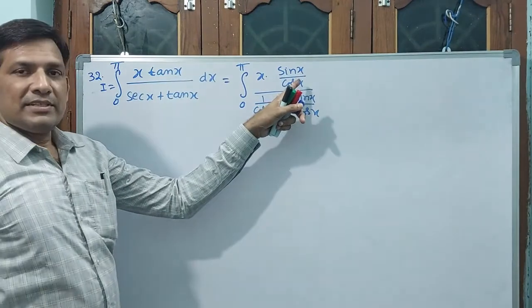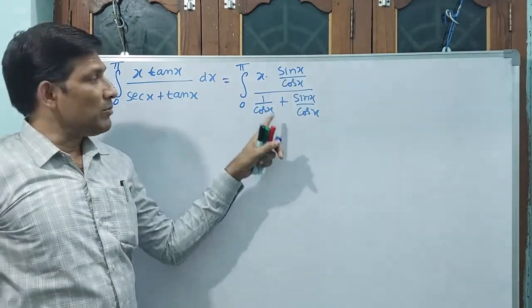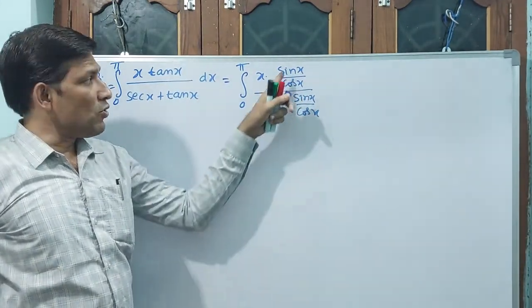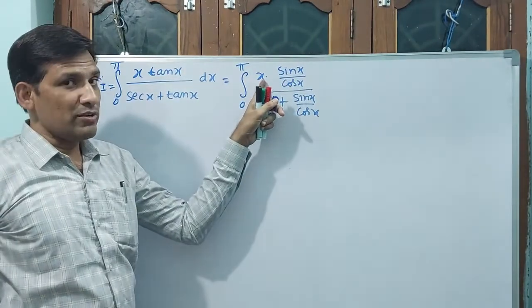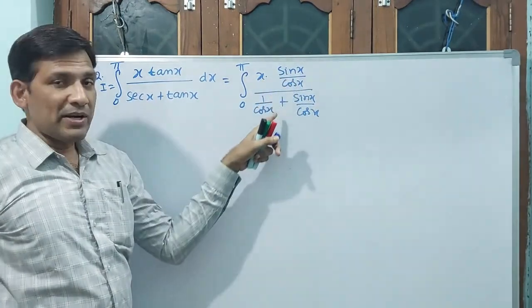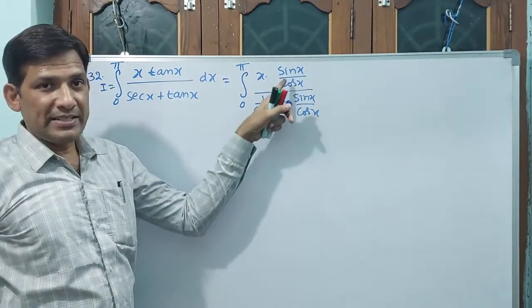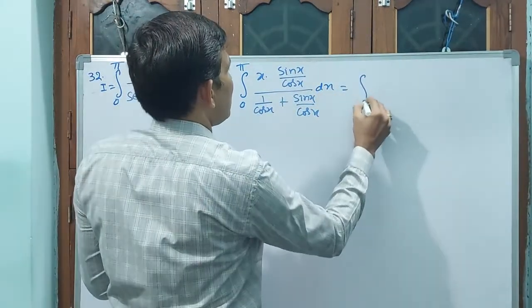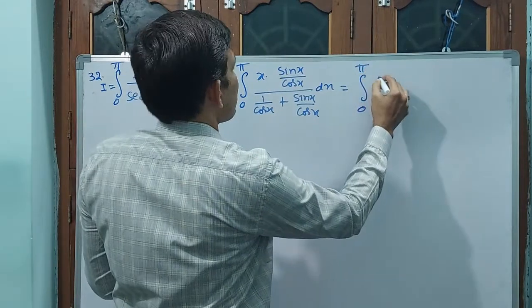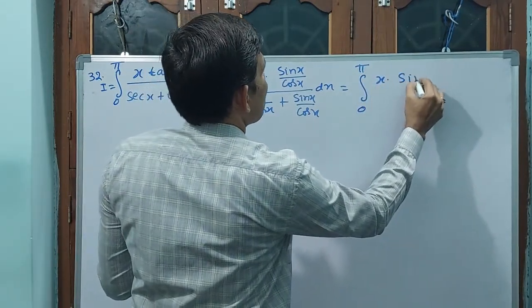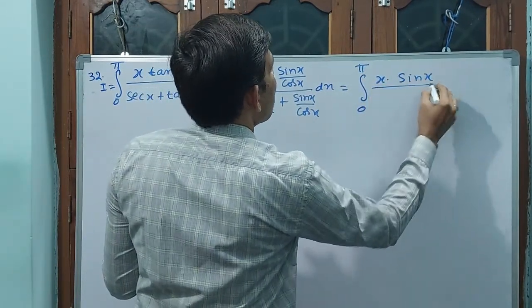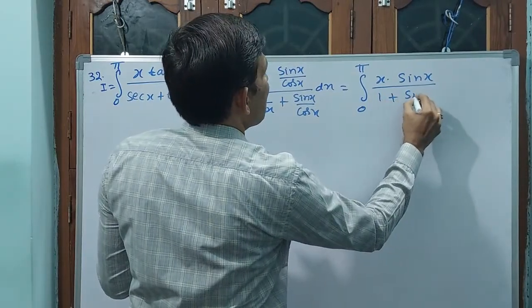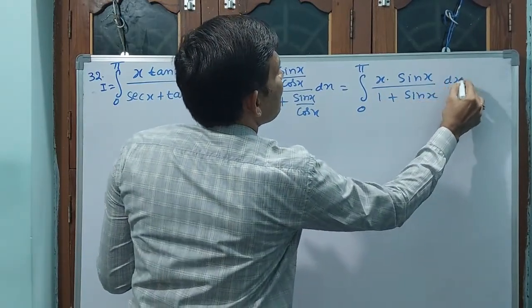See, here cos x is okay, here cos x is the LCM, like 1 plus sin x, cos x. Both denominators are cos x, because this is in multiplication. Both denominator cos x means cos x is going to cancel. Then what is it going to become? It is going to become like this. Integral 0 to pi x sin x divided by 1 plus sin x dx.